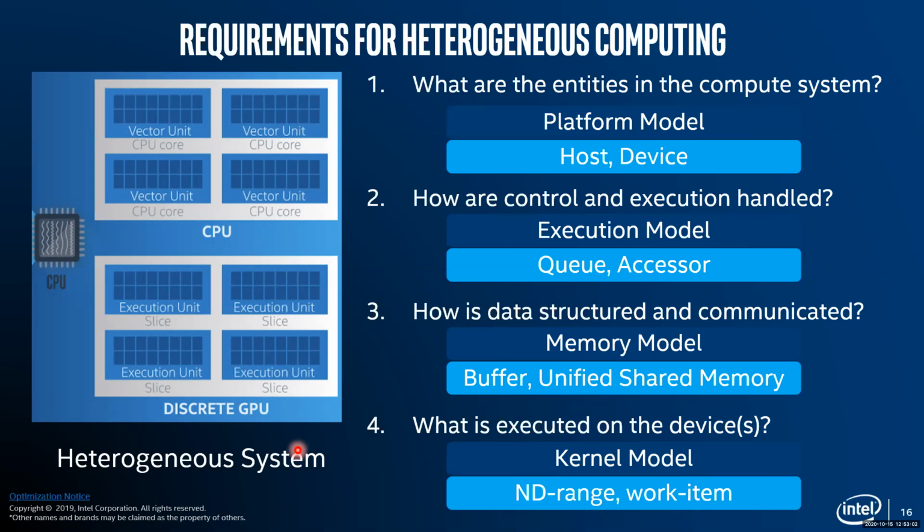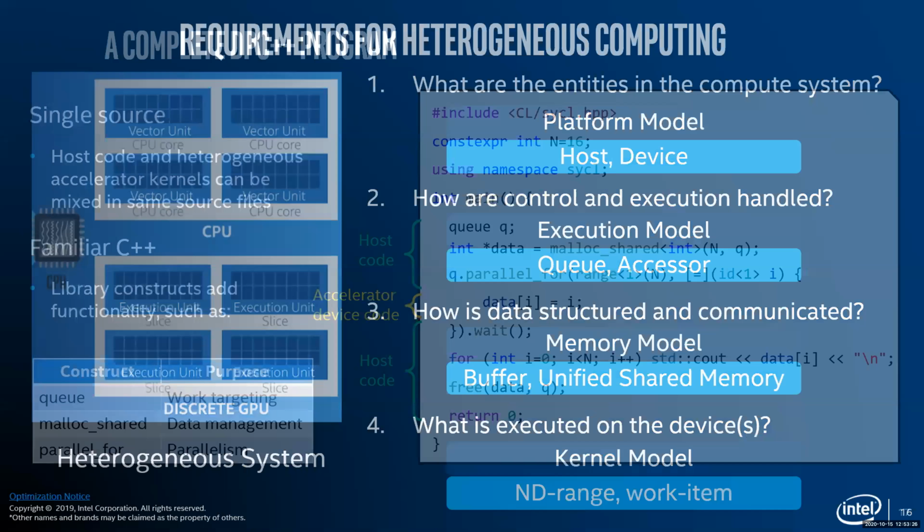What type of ND range are we using? What type of work items? How are we passing the parallel function? So these are the four major parts of a heterogeneous system, and that's how we start writing the basics of a DPC++ application once we understand this.